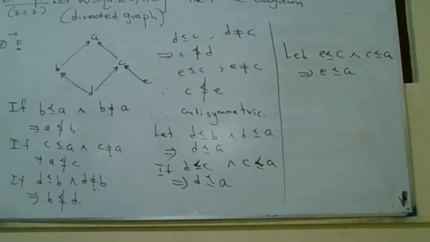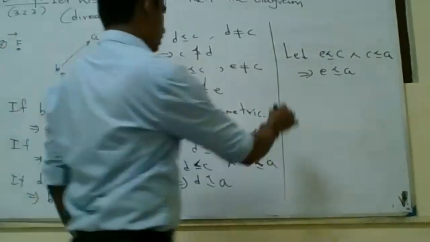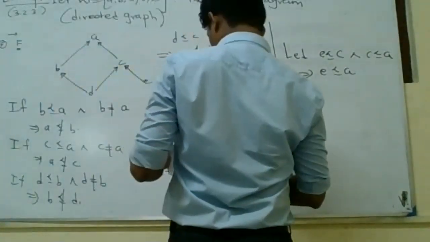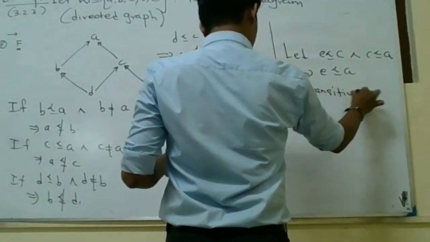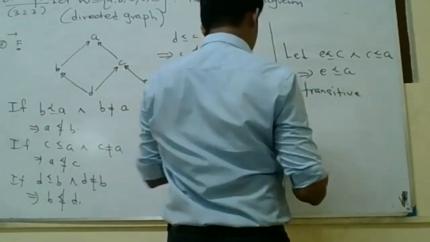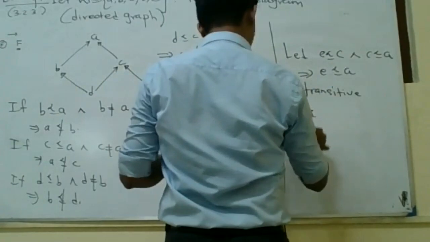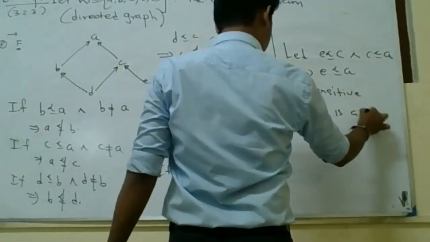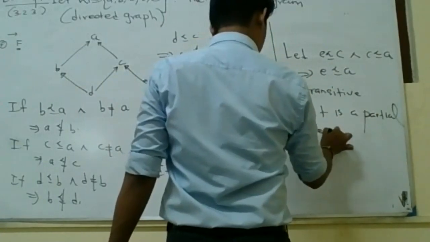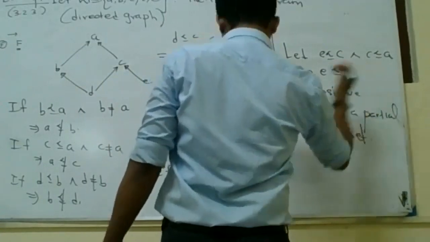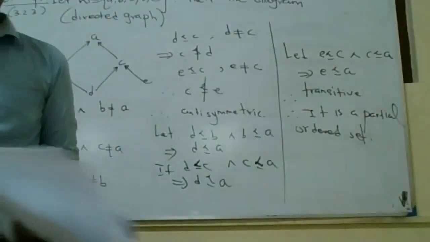Okay. Therefore, it is transitive in this case. Reflexive, antisymmetric, transitive. Therefore, it is a partial order set. It is a partial order set.